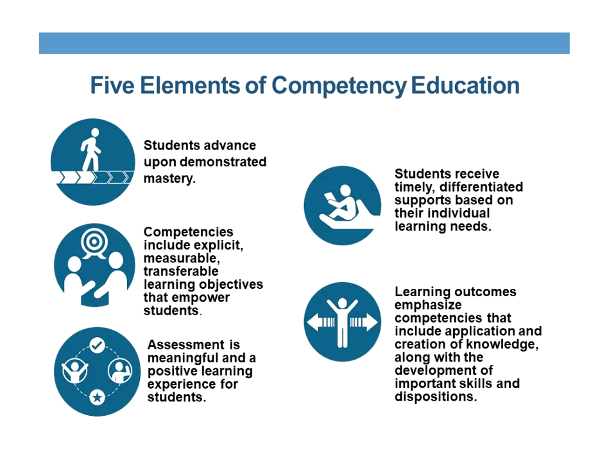First, let's take a look at the working definition for competency-based education. There are 5 elements, and critical is that students are advancing upon demonstrated mastery, and that demonstration is a performance of what students know and are able to do. The second part of the definition looks at explicit, measurable, and transferable learning objectives.